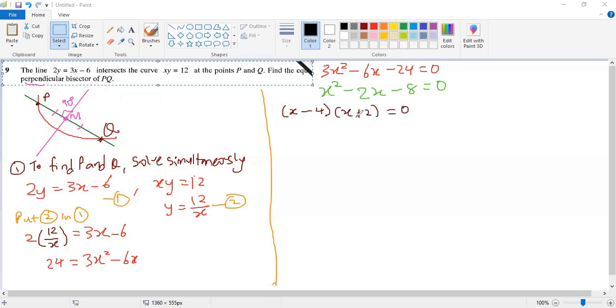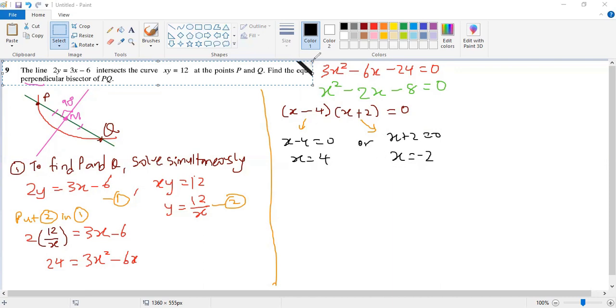We can factorize it like that or use the calculator. Then we get the 2 values: x minus 4 equals 0, or x plus 2 equals 0, from which we deduce x equals 4, or x equals negative 2.